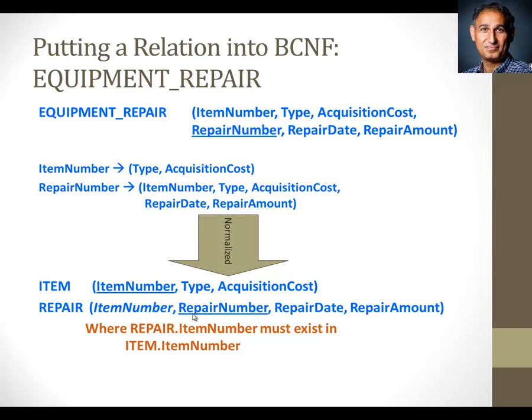Now, to ensure the integrity of the data, we can add a referential integrity constraint, which will read as where repair.item number. That means the item number column that exists in the table repair must exist in the column that's called item number in the item table or the item relation.